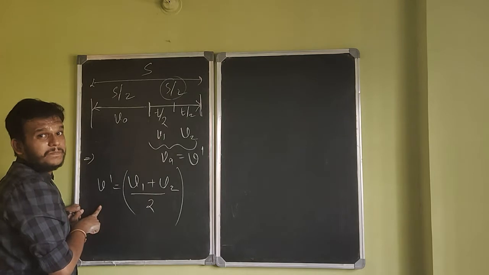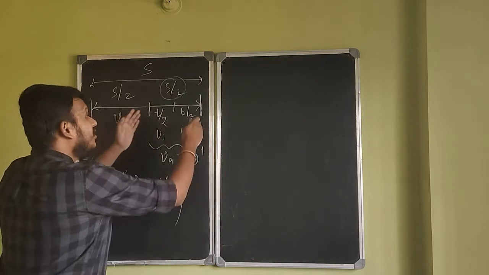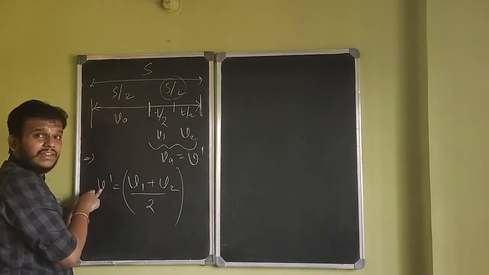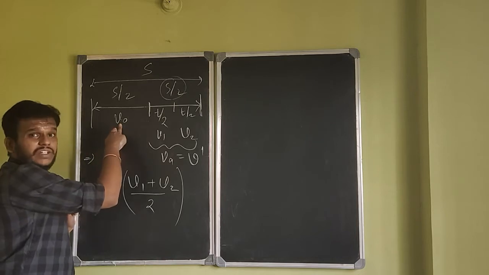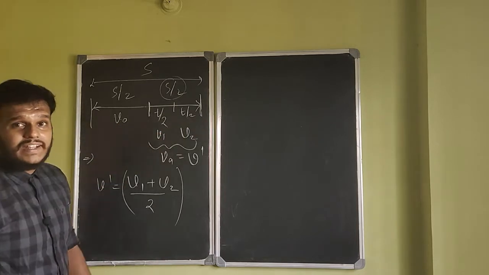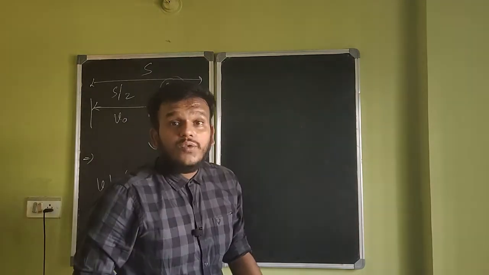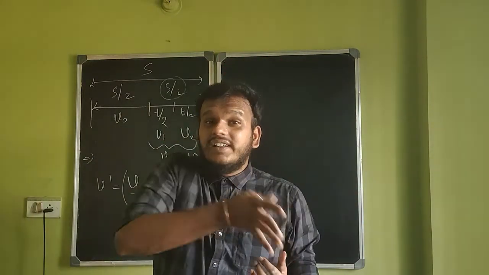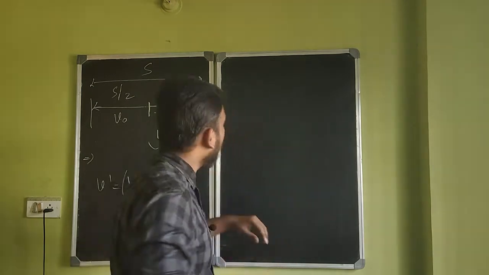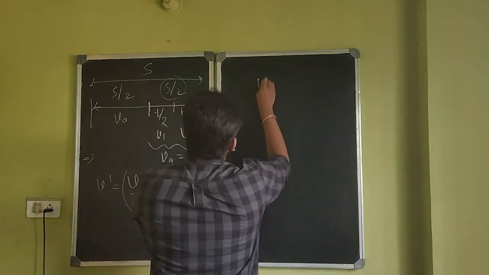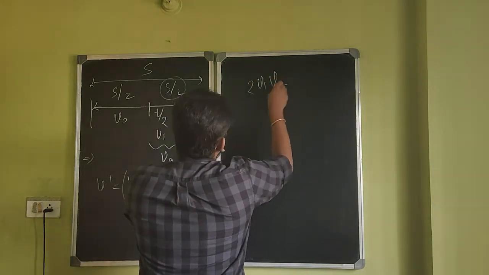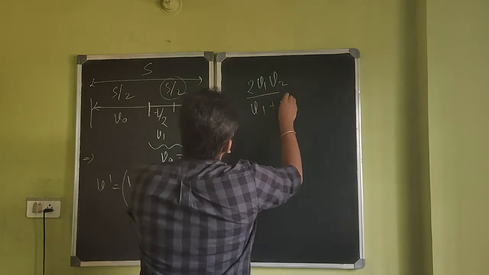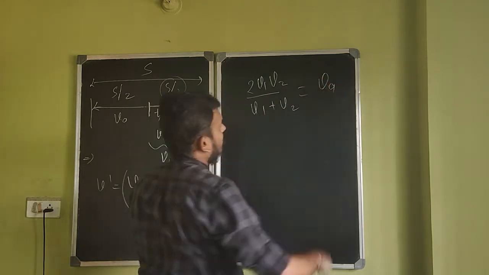I can use this velocity and this velocity to calculate the average velocity for the entire journey. What is the formula for the average velocity if your entire journey is divided in two equal displacements? The formula, if I remember it right, is basically 2v1 v2 divided by v1 plus v2. That will give you the average velocity.